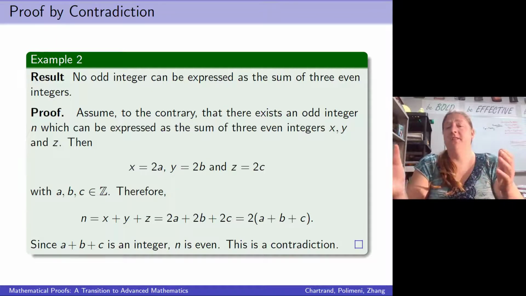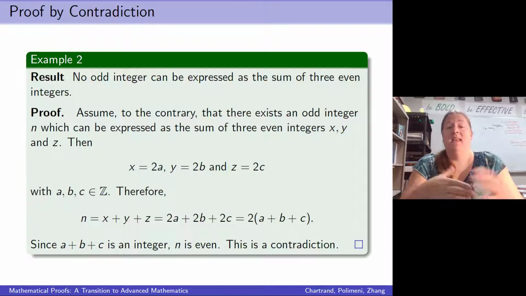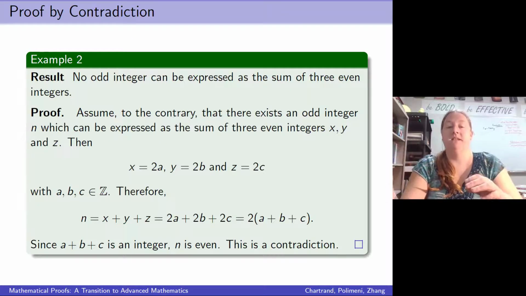I'm going to give those even integers the names x, y, and z. I'm going to give my odd integer the name n. And then I'm going to use the definition of even to say x is 2a, y is 2b, and z is 2c. A, b, and c are all integers. So then I know n, my odd integer, can be written as the sum of the 3 even integers. So I've got n equals x plus y plus z.